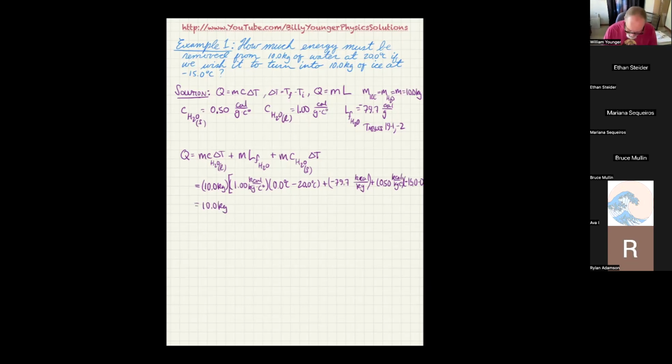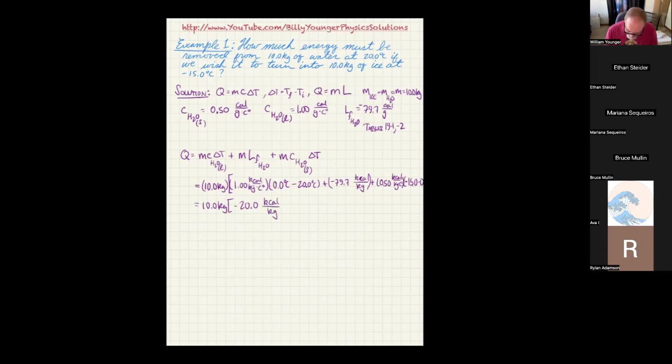If I take 1 kilogram and multiply it by 0, obviously that's going to give me 0, so I don't have to do anything with that. But if I take the one, I don't know why I said kilogram. If I take 1 kilocalorie per kilogram Celsius degree and multiply that by negative 20, then I'm going to get negative 20.0. And notice the Celsius degrees cancel out by the subtraction. So I end up getting kcals per kilogram.